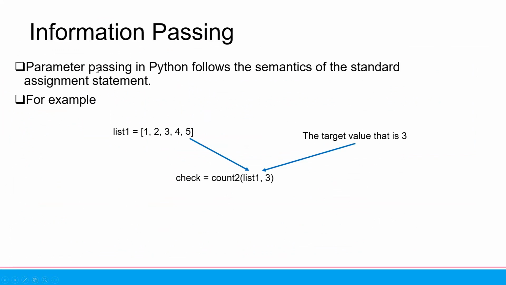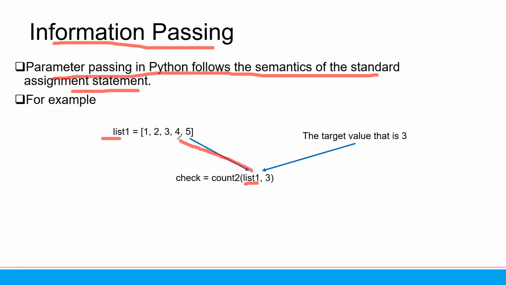So parameter passing, we call it the information passing in the function. Parameter passing in Python follows the semantics of the standard assignment statement. So if I define list1, then it will follow that list1 is a list. The target value is just an integer. Okay. So this variable is very flexible.